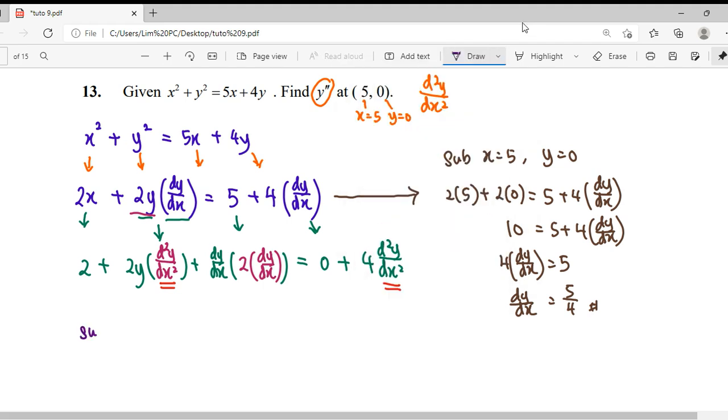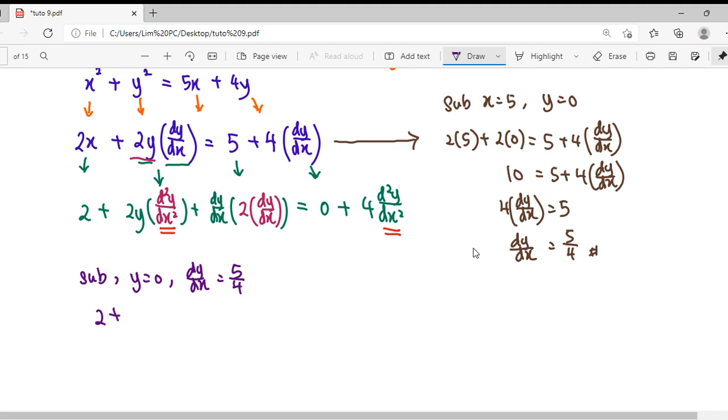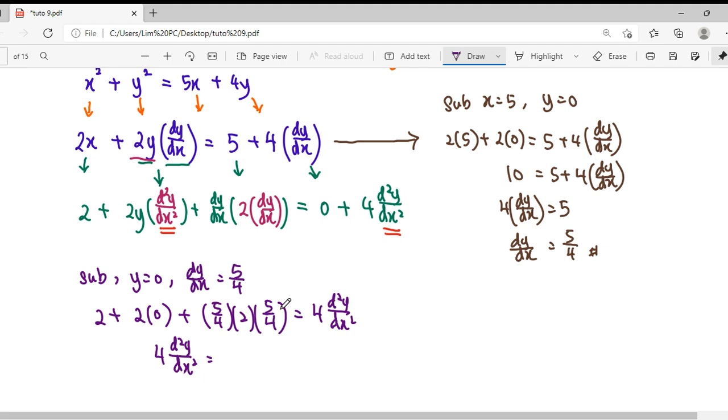So we are going to substitute y equals 0 and dy dx equals 5 over 4, so that we can obtain our second derivative. Here 2 times 0, everything becomes 0. Then 2 times 5 over 4 times 5 over 4.